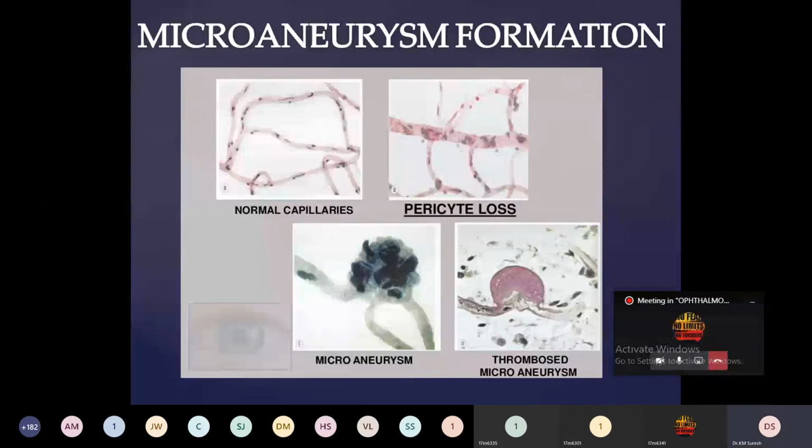So this is the microscopic picture of microaneurysm formation. There will be loss of pericytes. There will be dilatation of the vessels. There will be weakening of the endothelium, and hence there will be bulging of the vessel. And you can sometimes see thrombosis of this microaneurysm also, which later causes dot and blot hemorrhages.